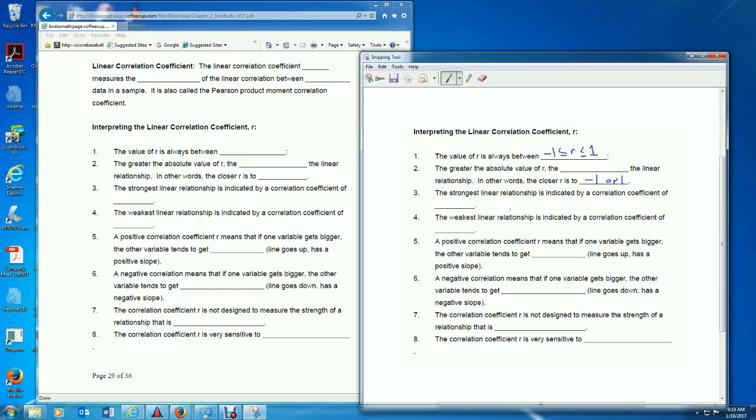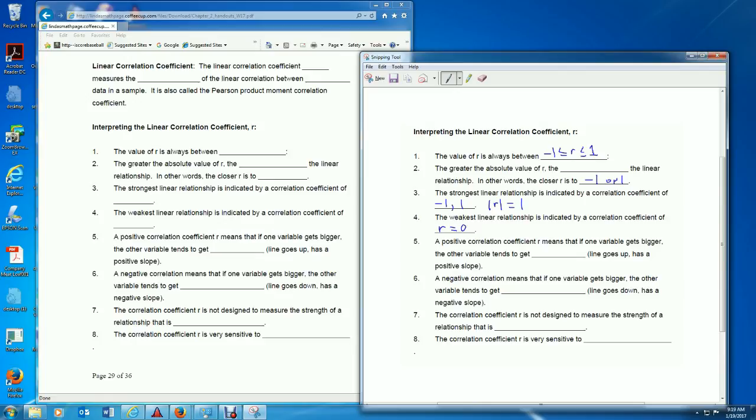The strongest linear relationship is indicated by a correlation coefficient of either exactly -1 or 1. So in other words, if the absolute value of r equals 1, that is a perfect linear relationship. The weakest linear relationship is indicated by a correlation coefficient of r equal to 0.